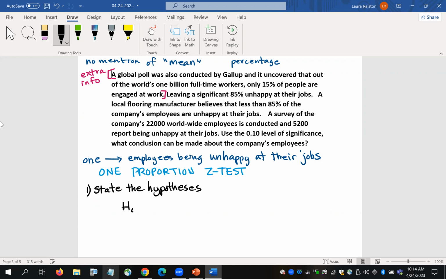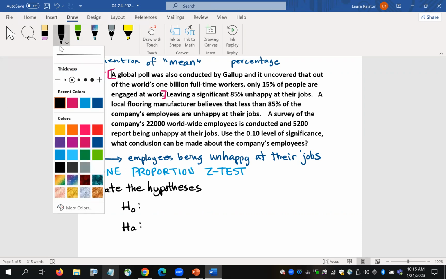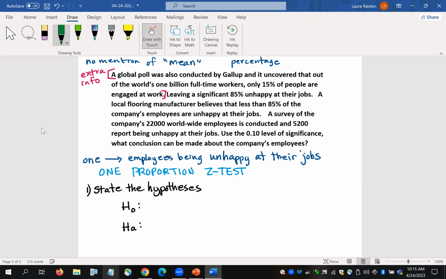So again, you're going to have your null and your alternative, and these are written in symbols. And so if I read through this problem, it says a local flooring manufacturer believes that less than 85% of the company's employees are unhappy at their job. This one doesn't explicitly say conduct a hypothesis test.